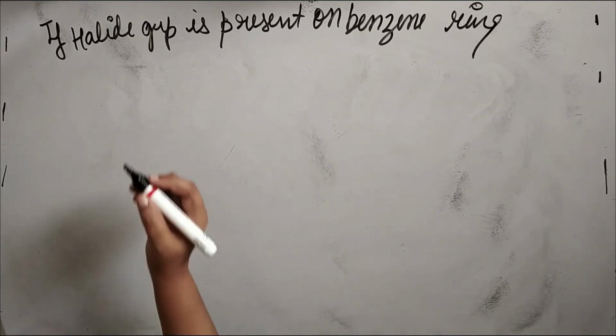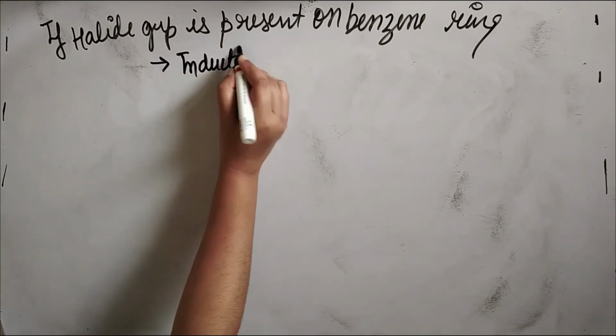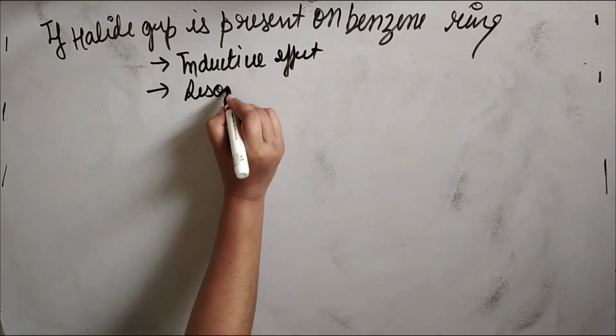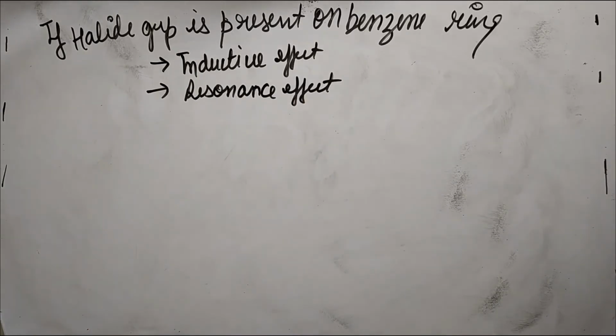So here in benzene two forces will act. One is the inductive effect and the second is the resonance effect due to the benzene ring. These two effects are present when a halide reacts with the benzene ring, but the inductive effect will be dominant over the resonance effect.